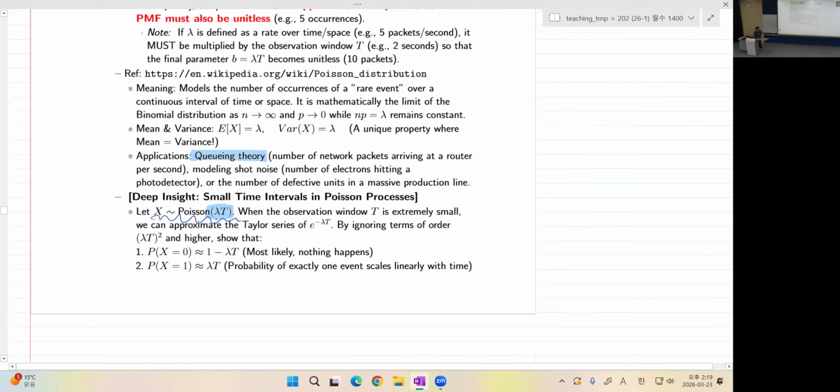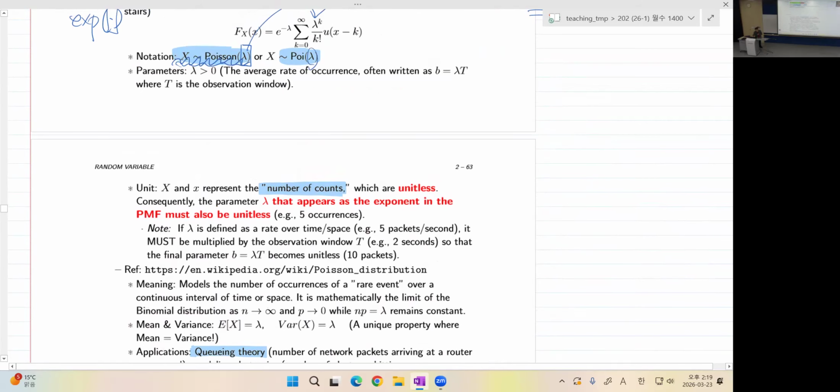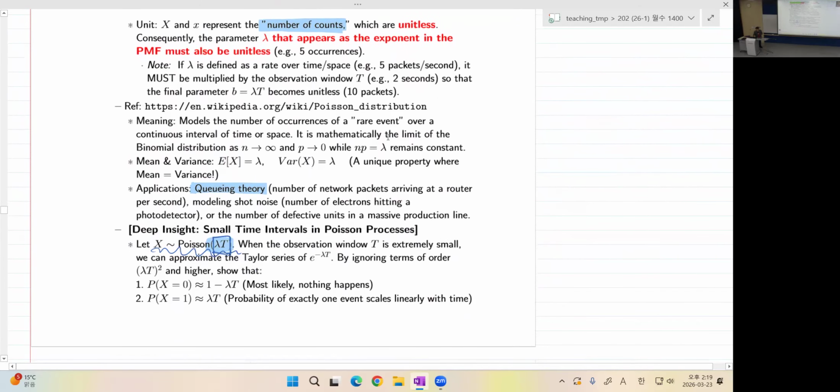In this case of lambda t, the product appears instead of lambda here. So if this lambda, different from the above one, has a per second unit, then this t has a second unit. So their product becomes unitless. And you will see anyway.